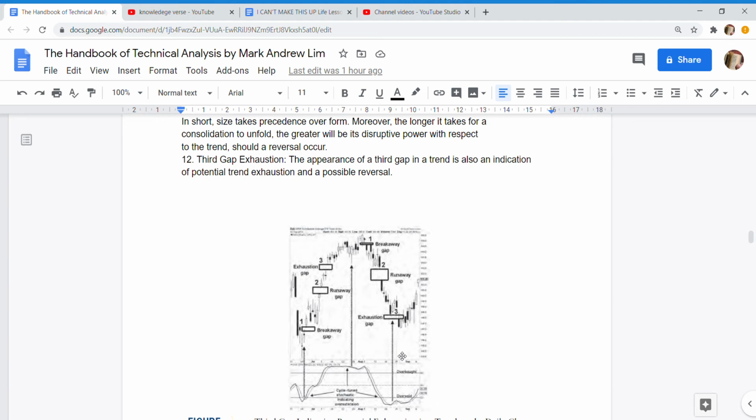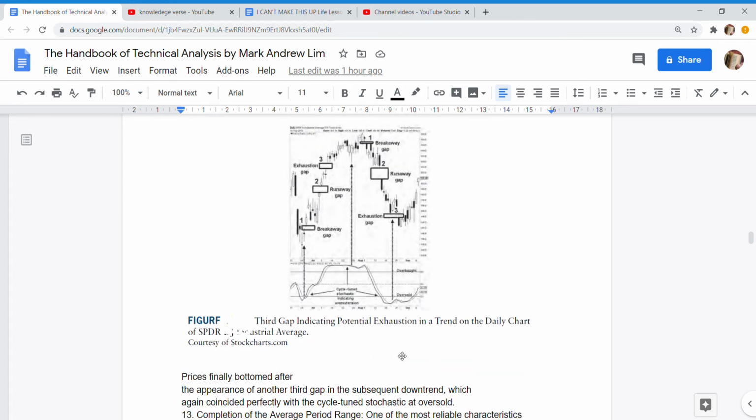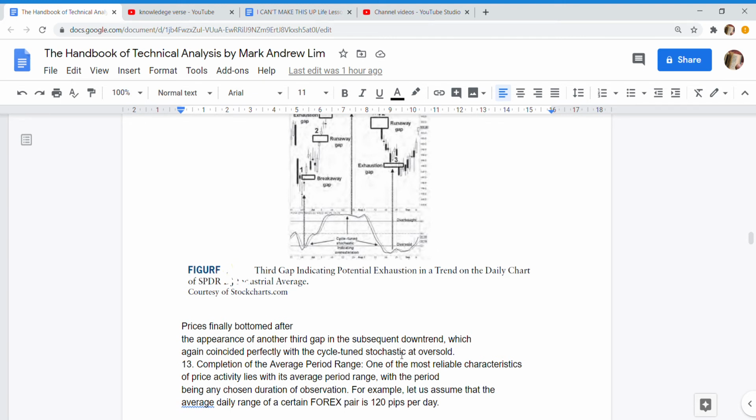Prices finally bottomed after the appearance of another third gap in the subsequent downtrend, which again coincided perfectly with the cycle-tuned stochastic at oversold.